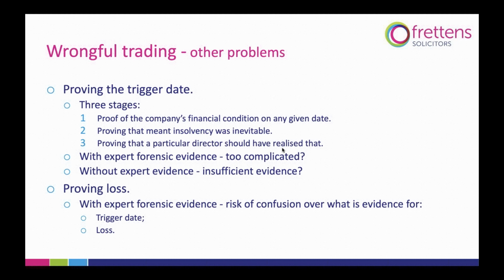The second one is you need to be able to prove that that particular financial condition meant that insolvency was inevitable, which is a degree of analysis from the proof that you've already got of insolvency. And then there's a further degree of analysis that you need for that to show that a particular director should have realized that they were at the trigger date.